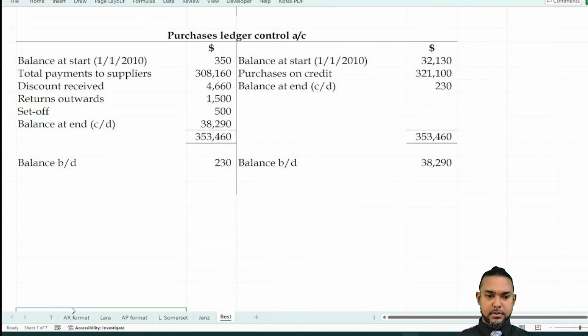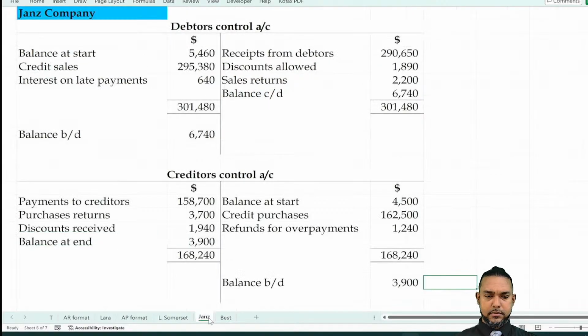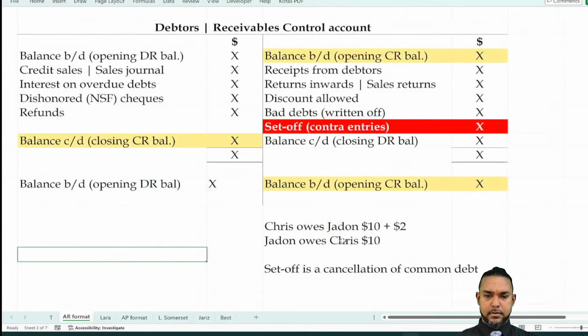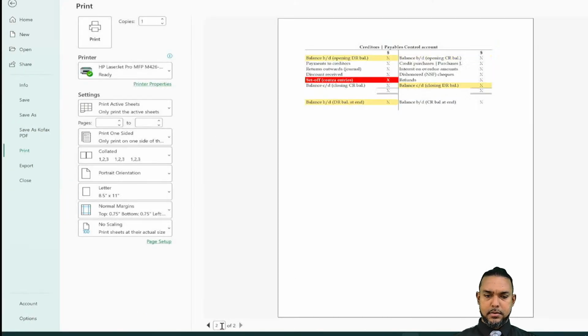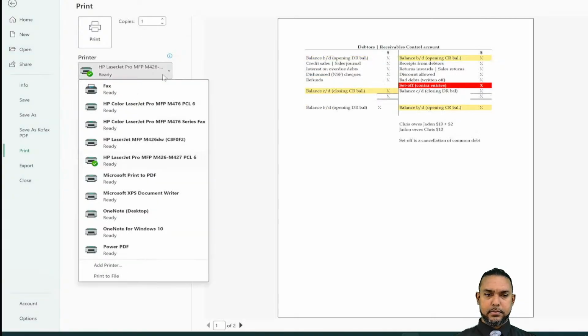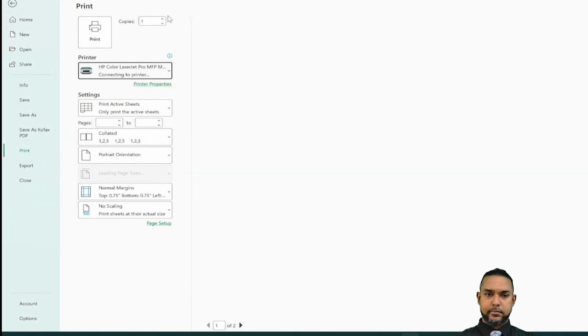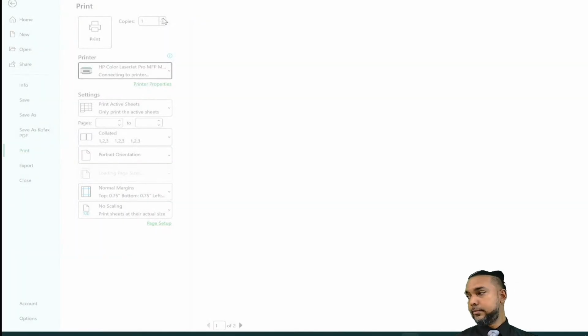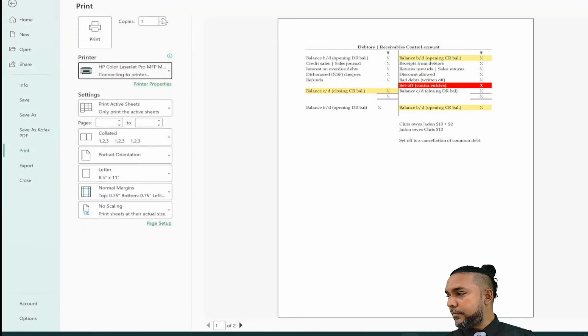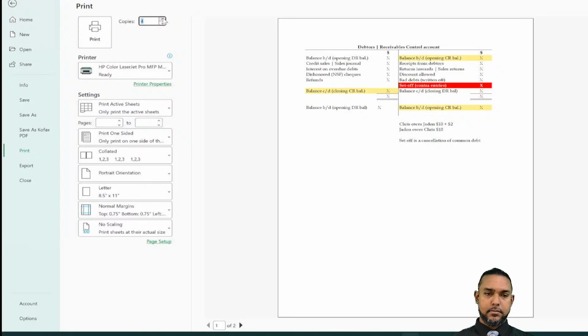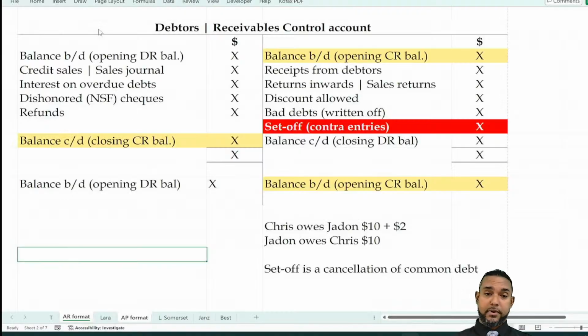One second. Yeah. All right. Let's see if this printer will cooperate.